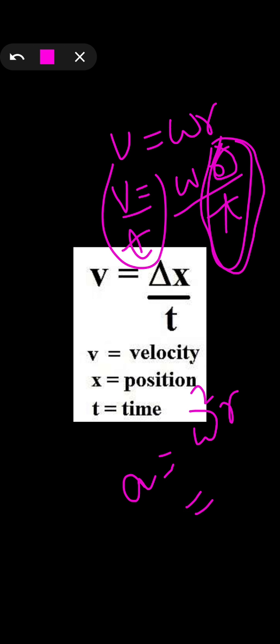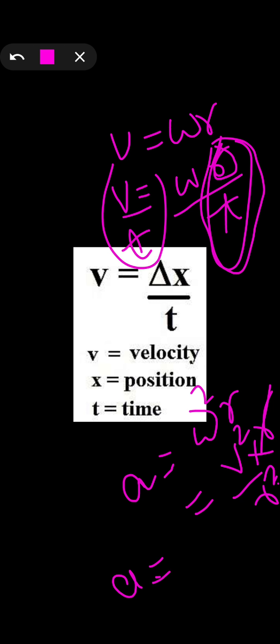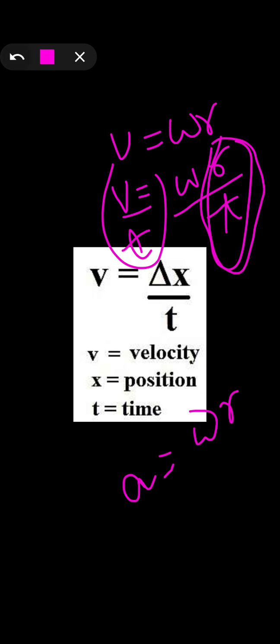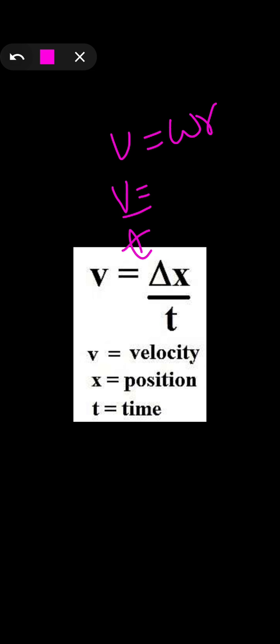Similarly, we know omega squared is v squared by r squared, and into r, so one r and one r cancel. So we can write a is equal to v squared by r. This is another relation: a is equal to omega squared r and a is equal to v squared by r. Just recall the topics which we have read.